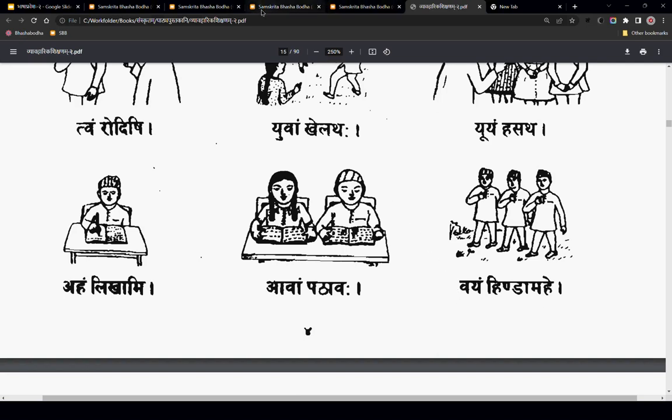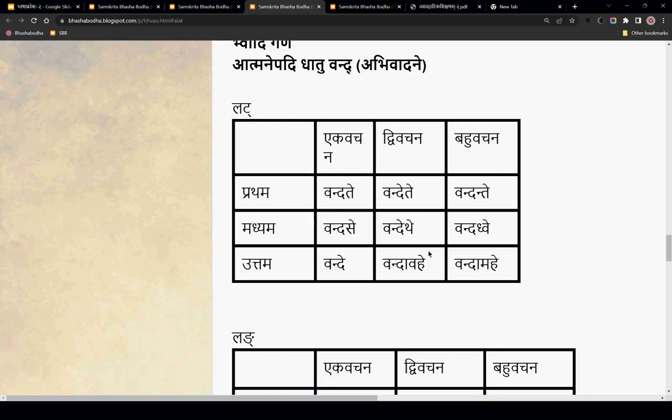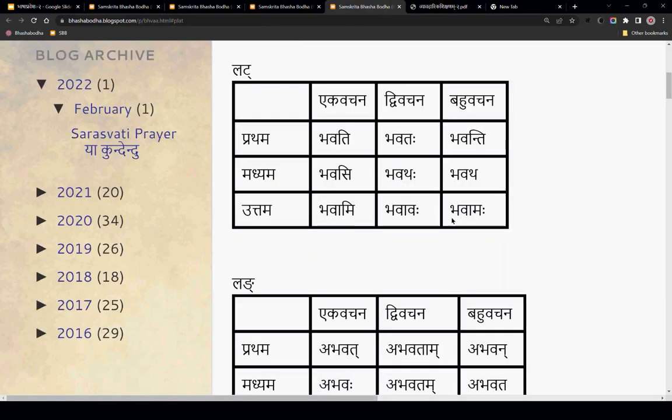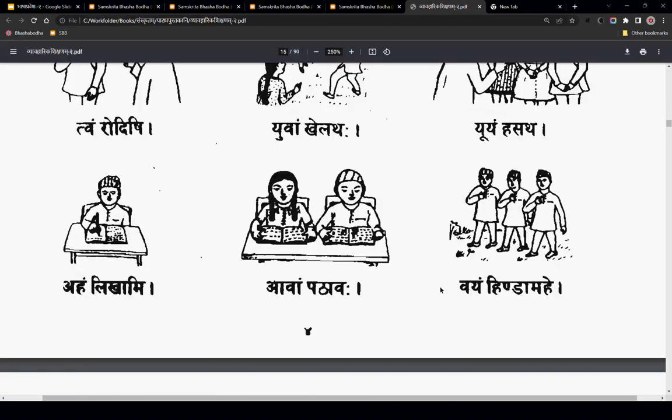Atmanepadi. Like we have this vandate, vandete. So you see here vandamahe. If it is bhavamah, not mahe, then it is parasmaipadi, otherwise atmanepadi. Vayam hindamahe.